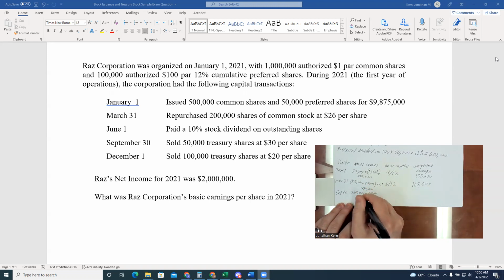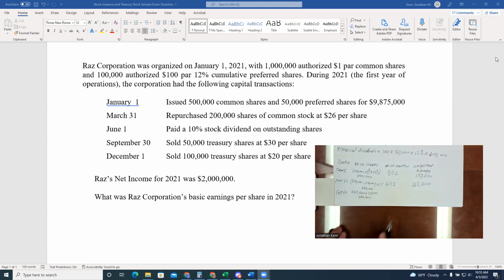That'll give us 380,000 shares. I apologize, I think I said subtract just now. I meant add the 50,000 shares, and that will give us 380,000 shares.